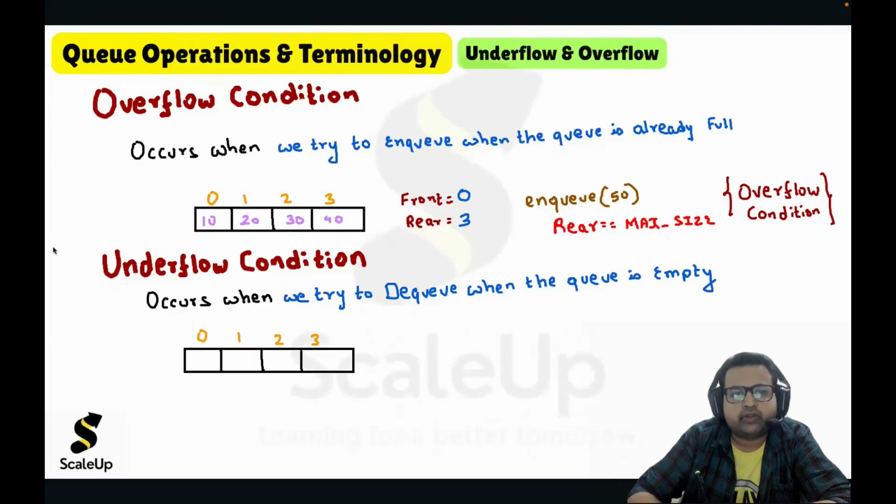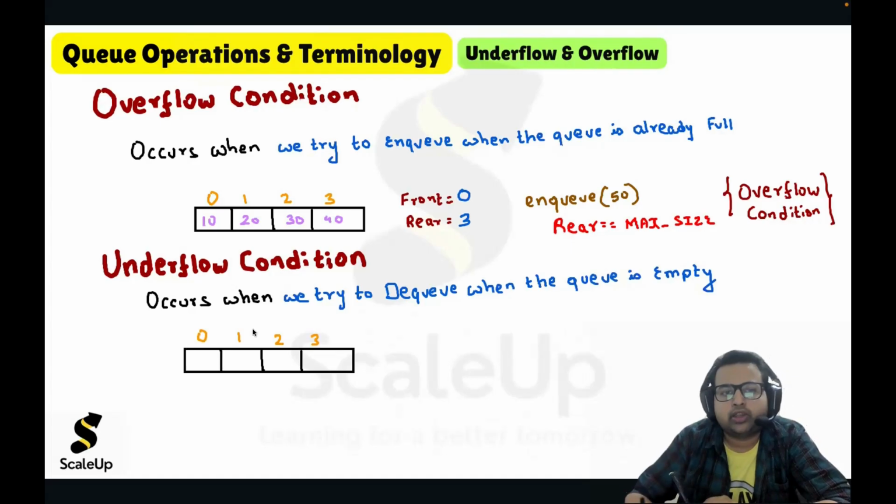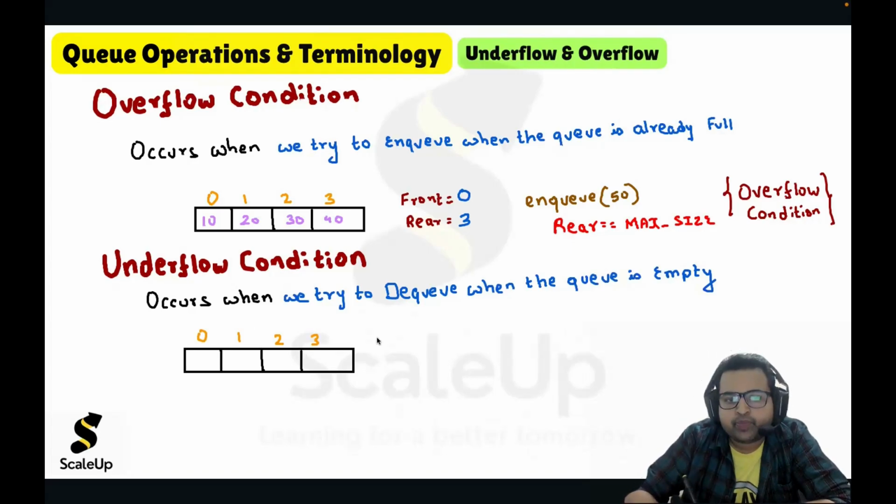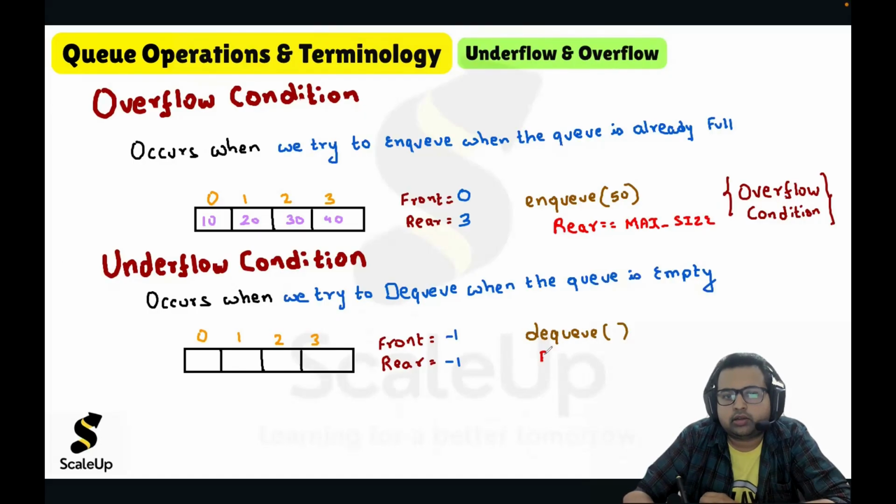So let's visualize it with an example. In this particular queue, we can see it's empty. For an empty queue, we know that both front and rear will be minus 1. So if we try to do a dequeue operation, the condition is if front is equal to rear is equal to minus 1, or front is greater than rear, it means the queue is empty.